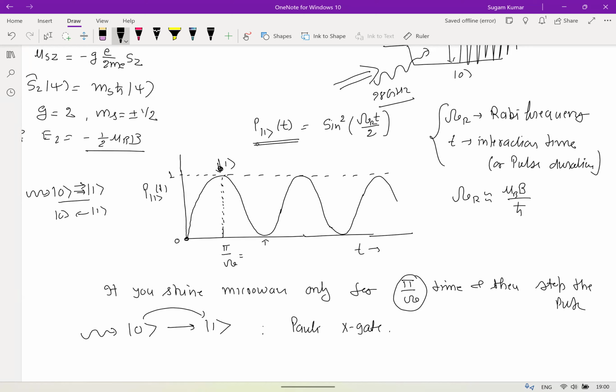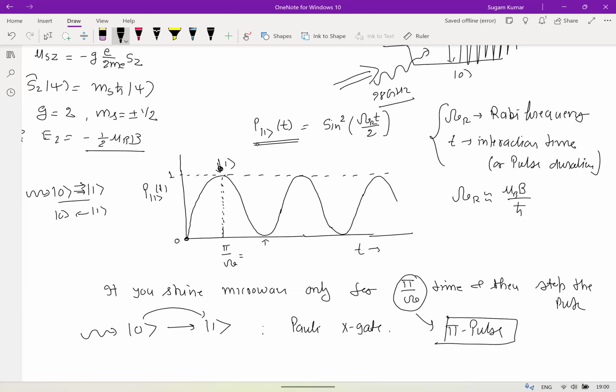So when I say Pauli X gate, it is nothing but shining microwave or laser light for a time period of pi by omega. And generally we call this a pi pulse. The term we use is pi pulse.